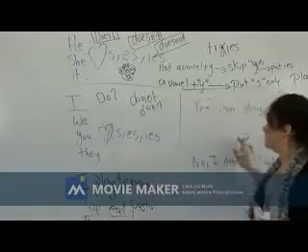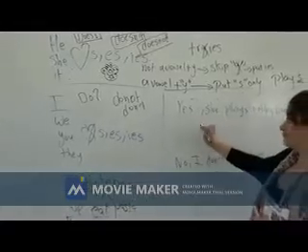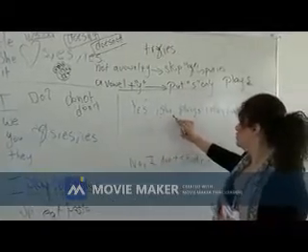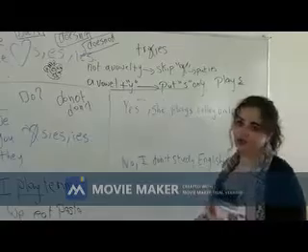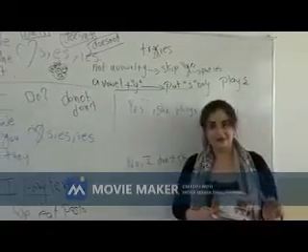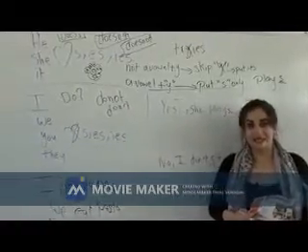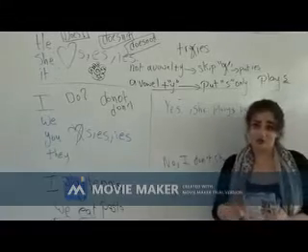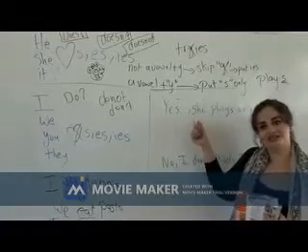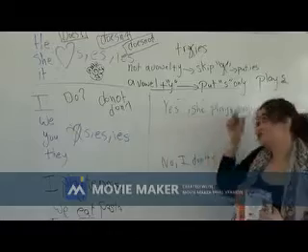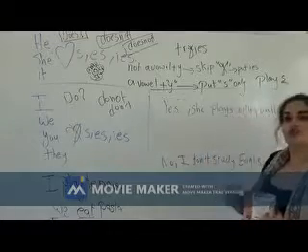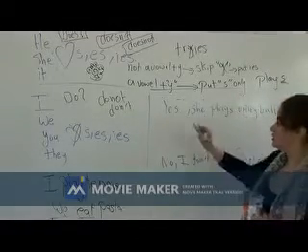Okay, if I have a sentence like this, "She plays volleyball," I need to make a question. This is she. So I will use what? Do or does? I will use does.